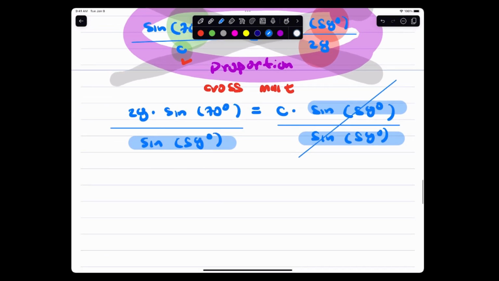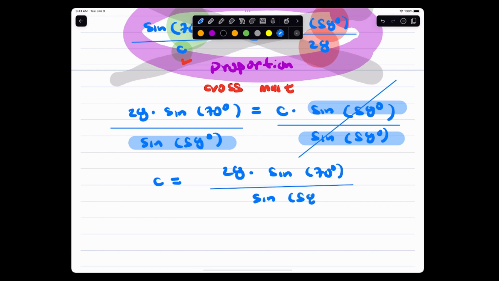So what does side C actually equal? What does side C look like now? C is what? 28 sine 70 divided by sine of what? 58 degrees.